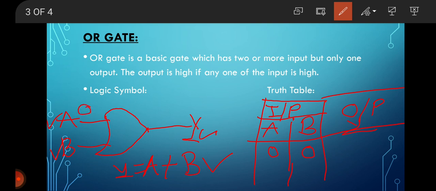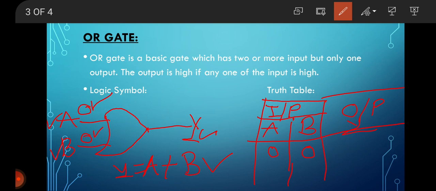Here we apply 0 and here we apply 0. In terms of binary algebra or logical algebra, 0 means off, and this 0 also means off, that is low logic, so the inputs are off.